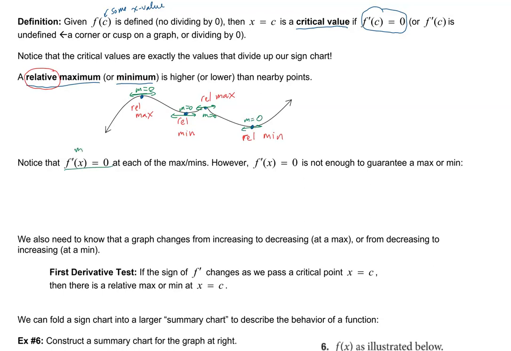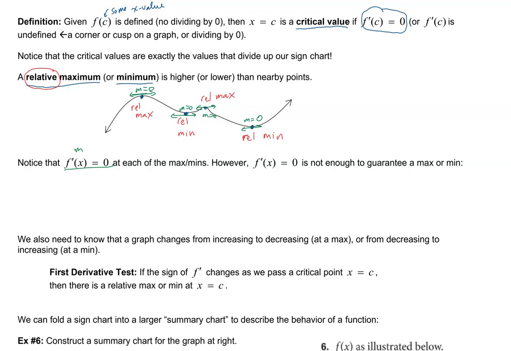However, just knowing that the derivative is 0 is not enough to guarantee a max or min. If you like, pause the recording, see if you can come up with a graph where we're going to have a moment of 0 slope, and it will not be a max and it will not be a min, neither of those.